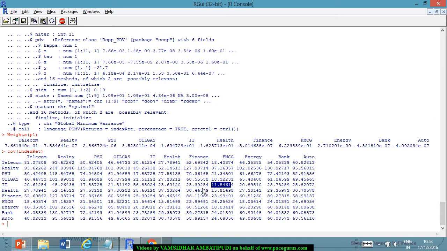And even in isolation also, IT sector is having a variance of 56, much lesser than majority of the sectors. Health is having only 37, again lesser than majority of the sectors. And that's one more reason why, if I have to minimize the overall variance of the portfolio, it is suggested that I invest in this kind of a combination.